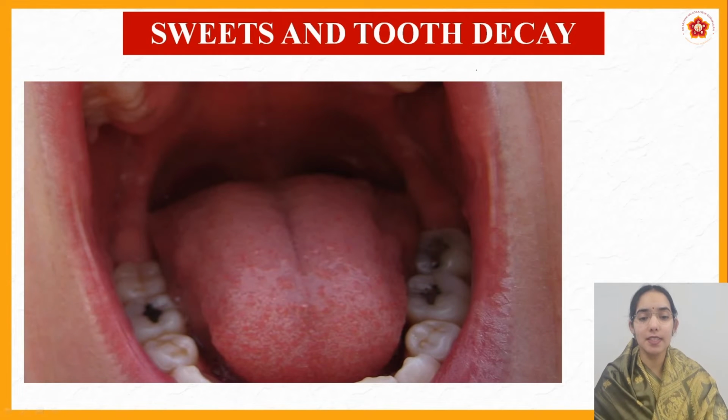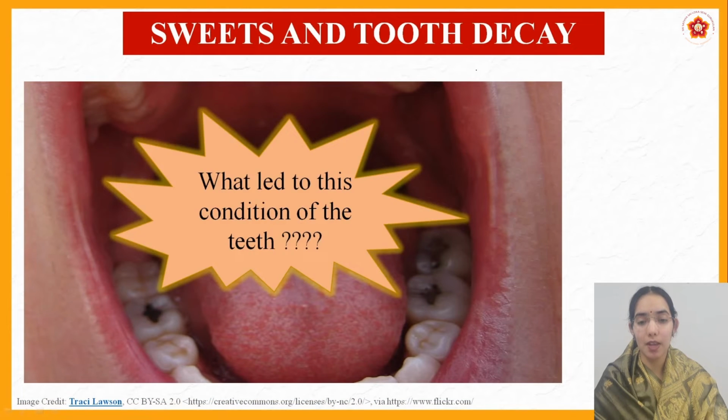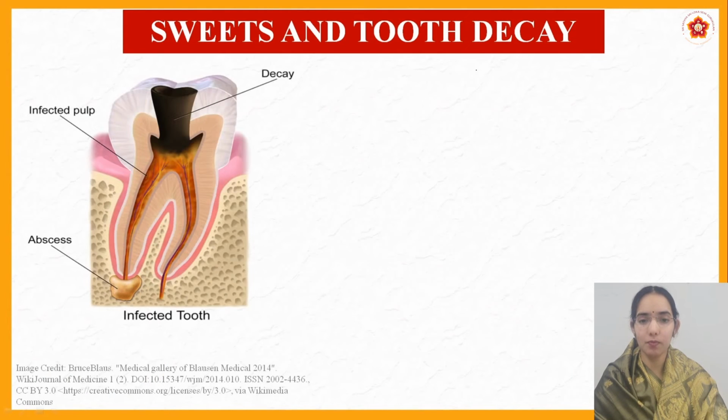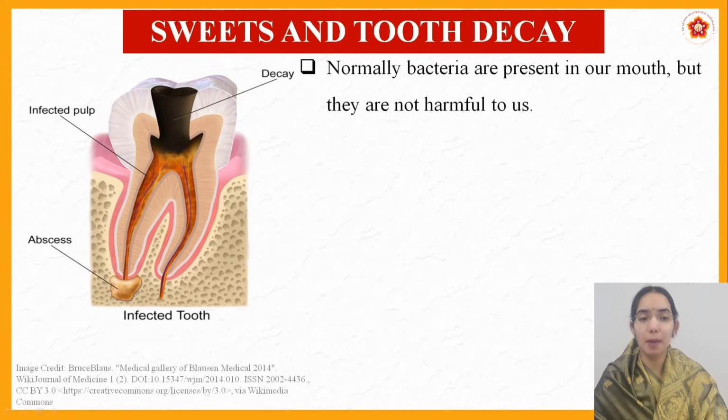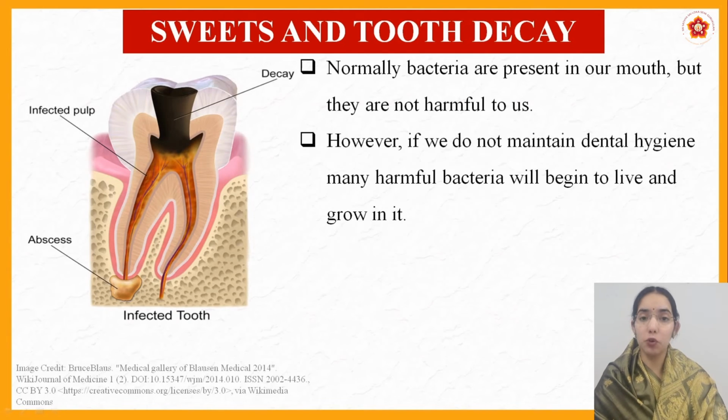Now over here in this set of teeth, you can see a little blackish thing. So what do you think led to this condition called tooth decay? Let's study that. Normally bacteria are present in our tooth or in our mouth, but they are not harmful to us. But if we do not maintain dental hygiene, like if we do not brush our teeth, these harmful bacteria begin to live and grow in it.